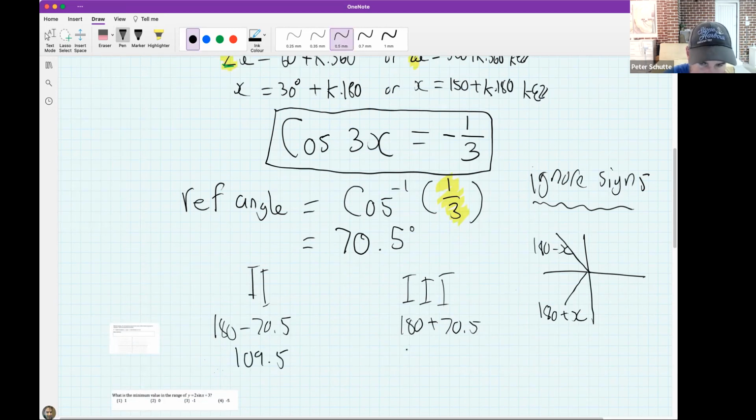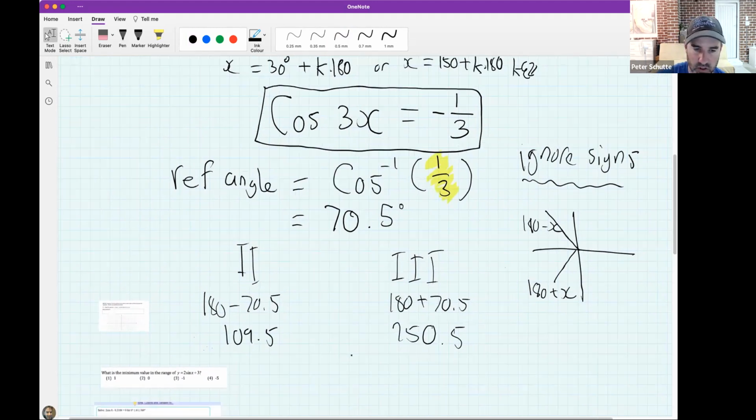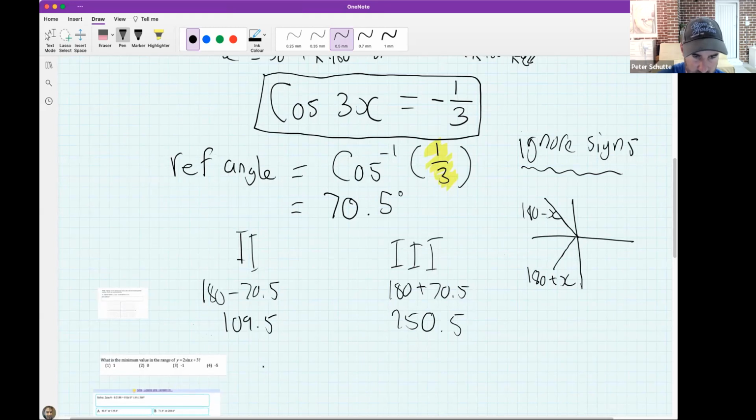Okay, but we're not completely finished yet because we still have to incorporate the 3x. What is the 3x doing with anything? 250.5. So now, in this last step, we need to bring the 3x in. And we say 3x is equal to 109.5 plus k times 360.